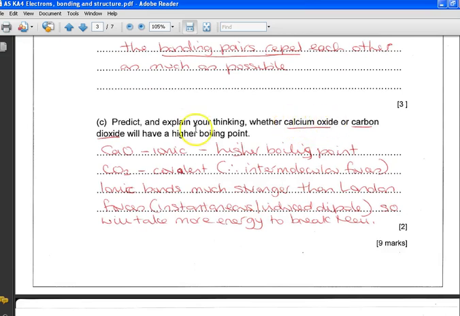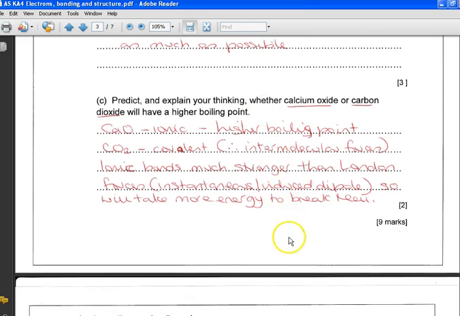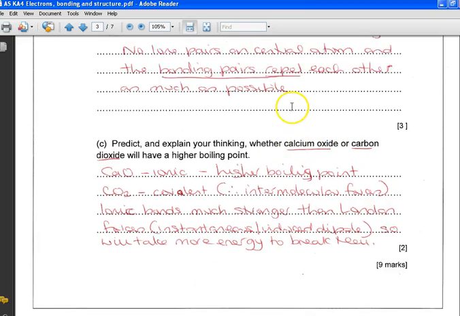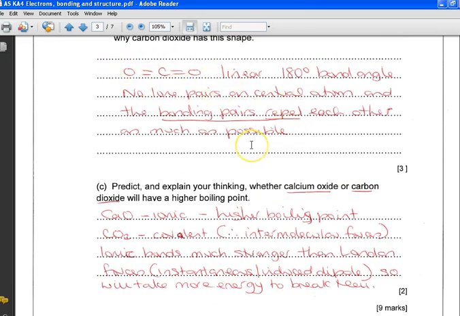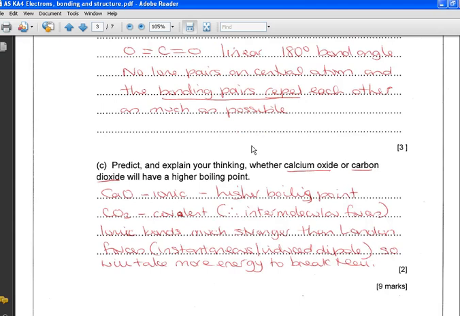Looking at calcium oxide and carbon dioxide together here, being asked about higher boiling point. Now, if you don't recognise straight away that carbon dioxide is a simple molecule, and you think that covalent bonds are broken when we boil substances that have simple molecules, then you are completely wrong, and you really need to focus on your understanding of simple molecular structures and the bonds that are broken when they are boiled.